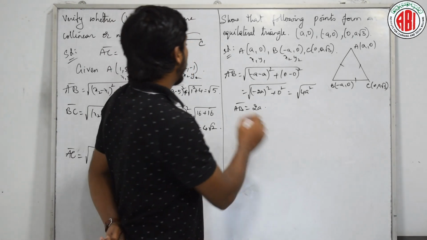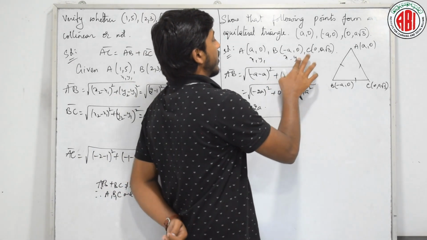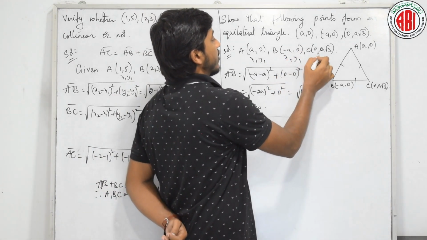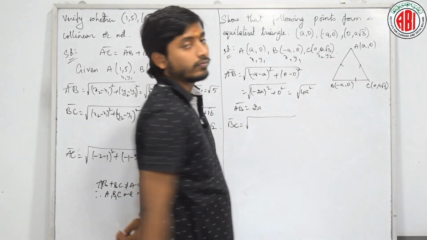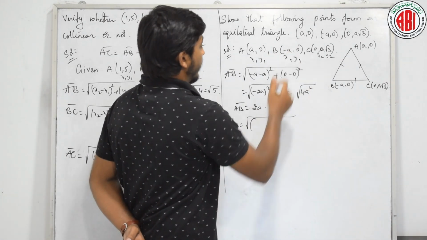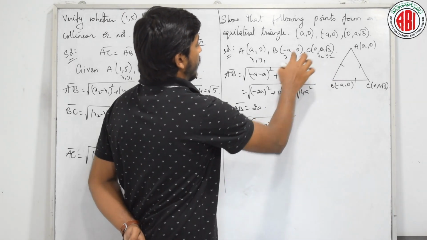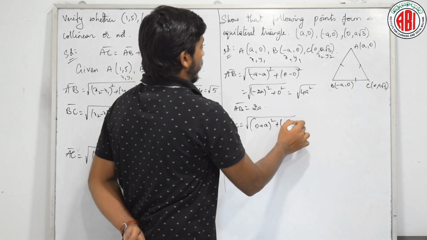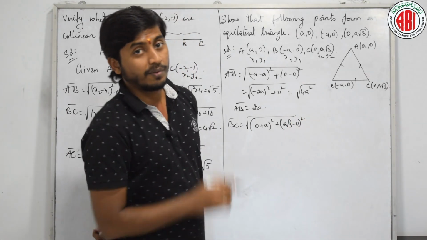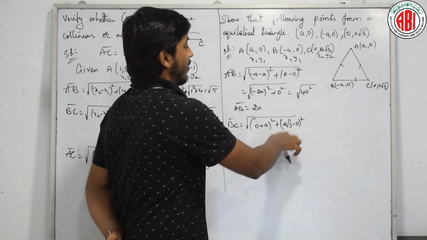Okay, now look, do BC. What will it be? BC, this is x1 y1 and this is x2 y2. Right? Let me write directly. 0 minus of minus a will be 0 plus a whole square, plus (a root 3 minus 0). Okay, from the next set of questions I will not even write this as 0 plus a or this like this.